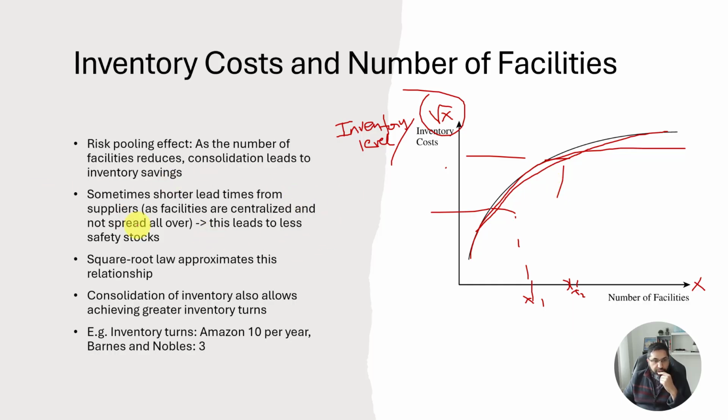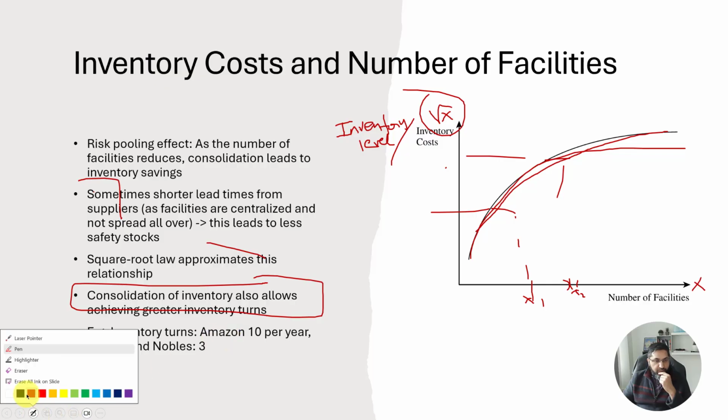Consolidation of inventory also has the benefit of increasing your inventory turns. You'll see that if you look at the inventory turns of something like Barnes & Noble with many retail stores, they have fewer inventory turns than something like Amazon, where they can centralize inventory of slow-moving SKUs.